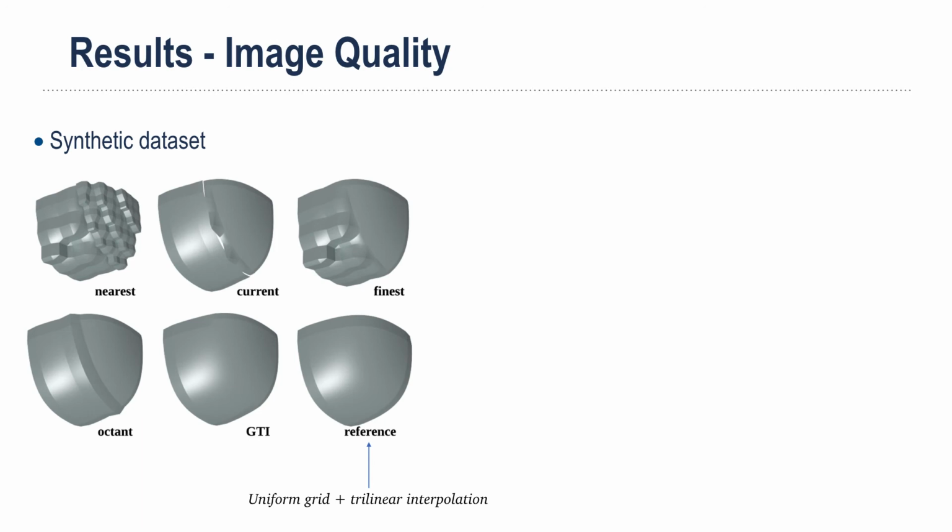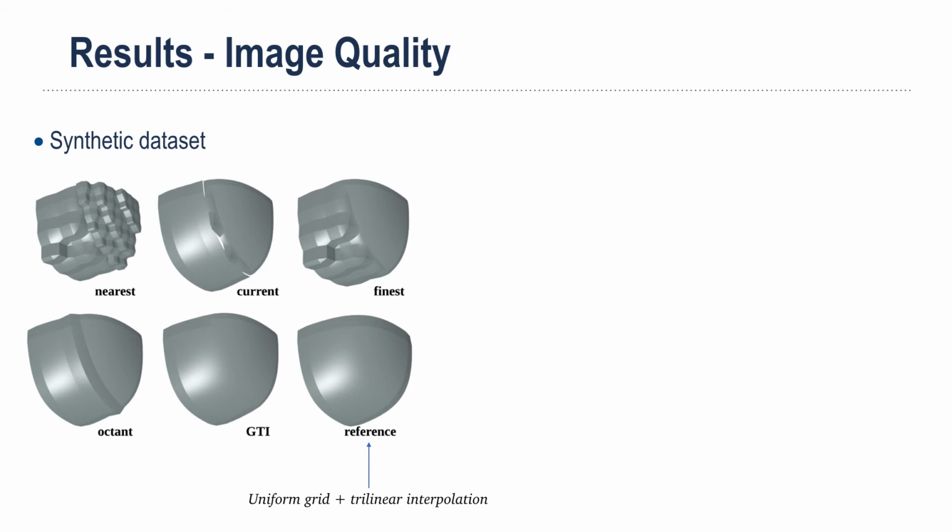In the experiment, we first evaluate the functionality of our GTI method. We compare the image quality with 4 existing methods, using the synthetic data and 2 real-world datasets. For synthetic data, isosurfaces in the reference image are generated from a uniform grid using trilinear interpolation.